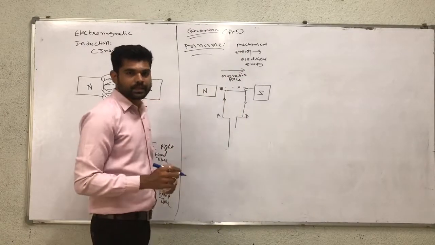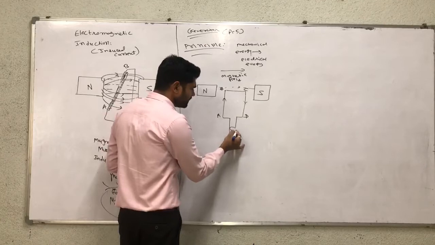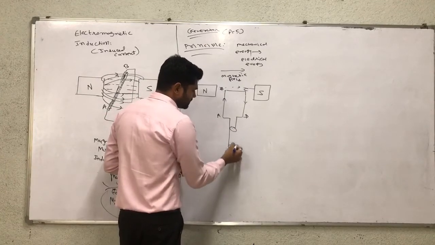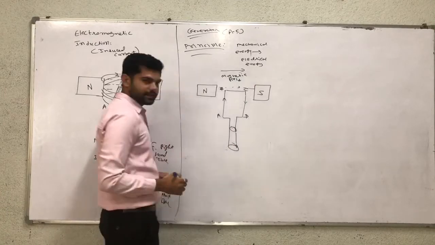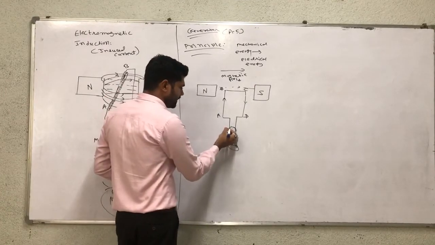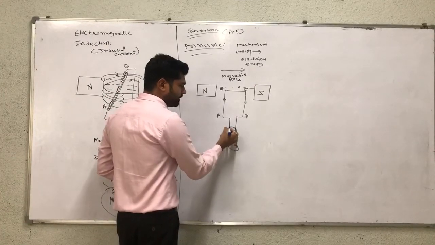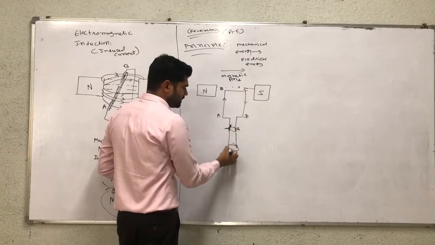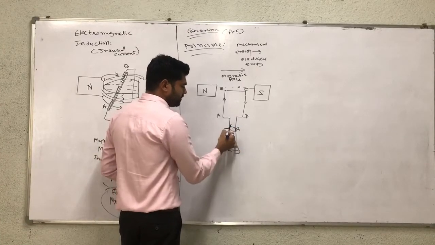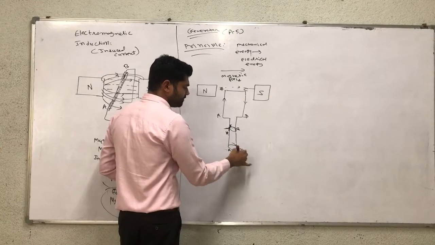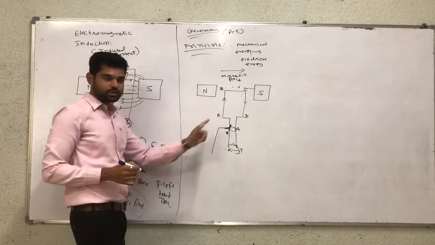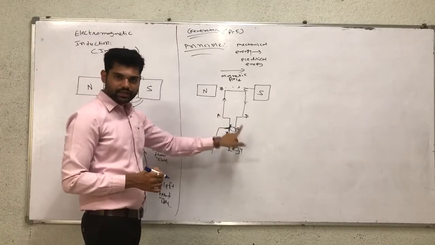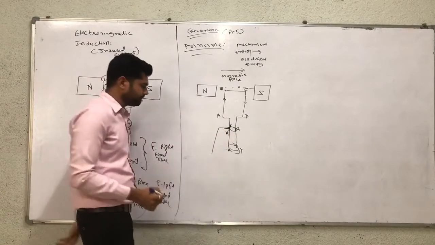Now here we connect the two split rings, P and Q, R and S, and brush X and brush Y. The brush makes contact between the coil wire and the ring.